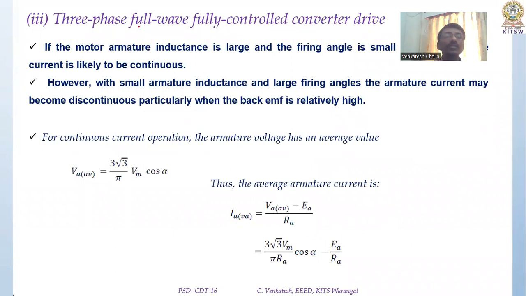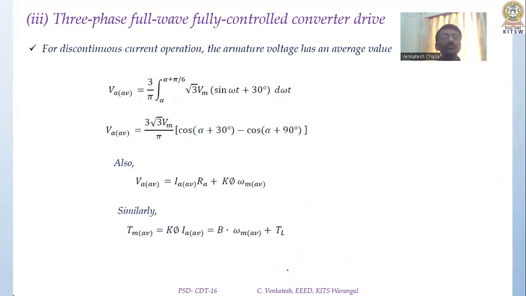Now let us see a problem related to the full wave fully controlled converter. It is also single quadrant operation. Here the average voltage equation is Va average equal to 3 root 3 Vm by pi into cos alpha, and Ia average is Va average minus Ea divided by Ra, and we can substitute the Va average value or equation.